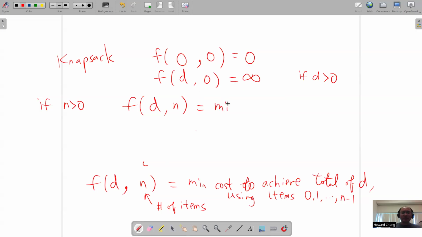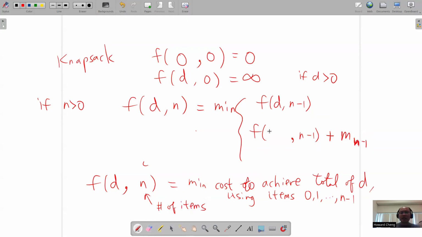It's the minimum of two possible things. I can decide not to use that item, so I still have to form the same sum, but I use one fewer item. Or I use that item, so I use m_{n-1}. So I use that item, so the cost, I have to add it to the cost.